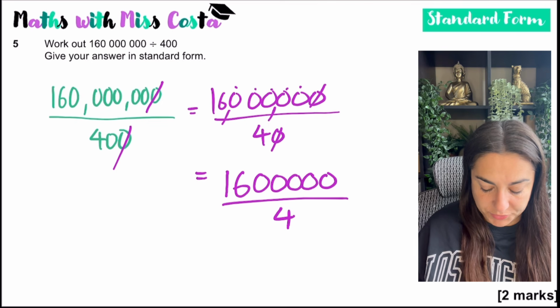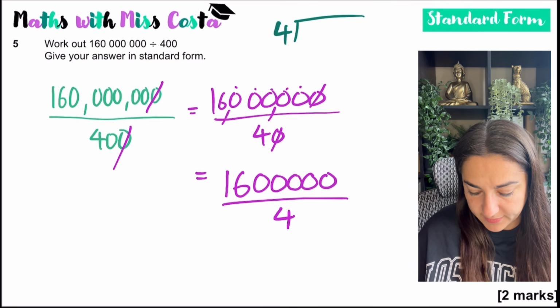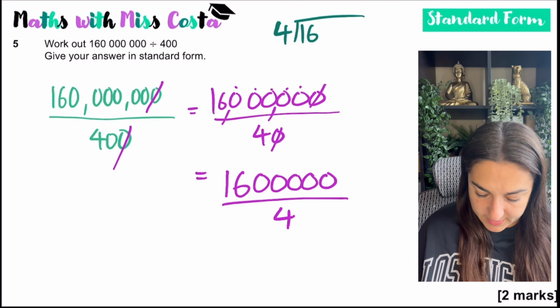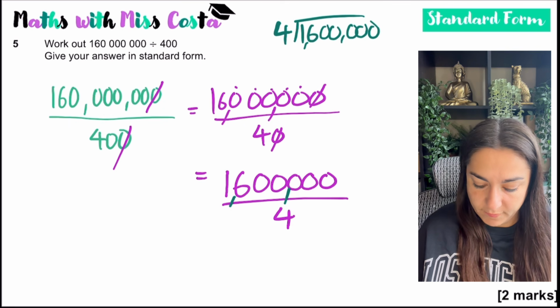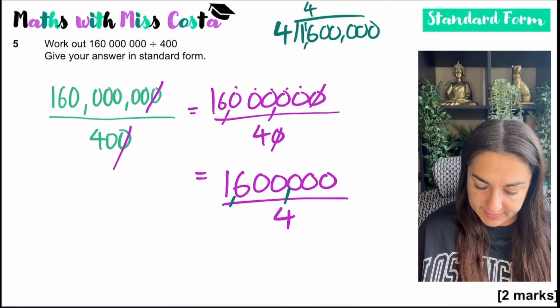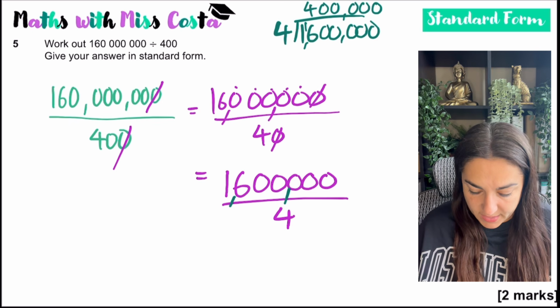Then I can just use short division. So 4s into 16. 1,600,000. 4s into 1 don't go. 4s into 16 go 4. And then all of the zeros are just going to remain the same.